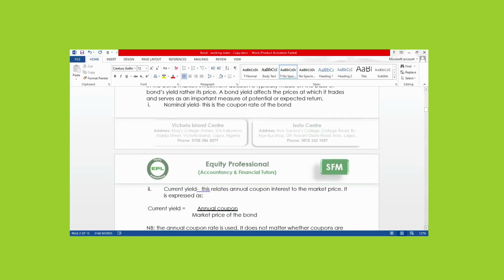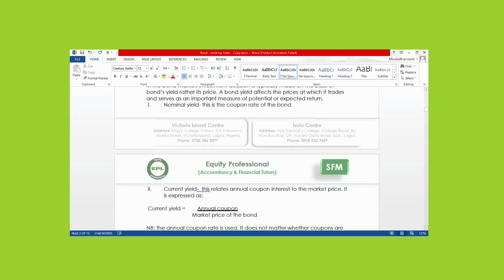Number two, current yield. The current yield relates the annual coupon interest to the market price of a bond.